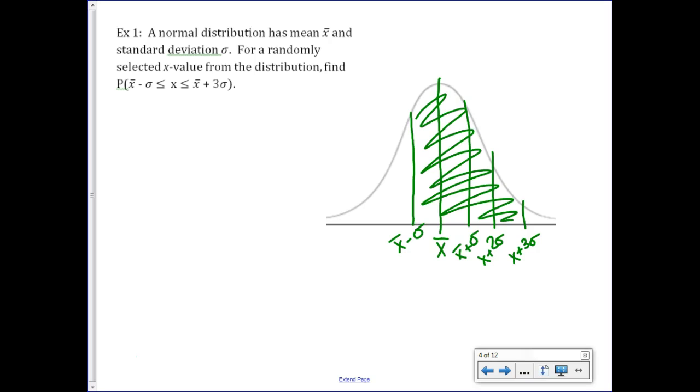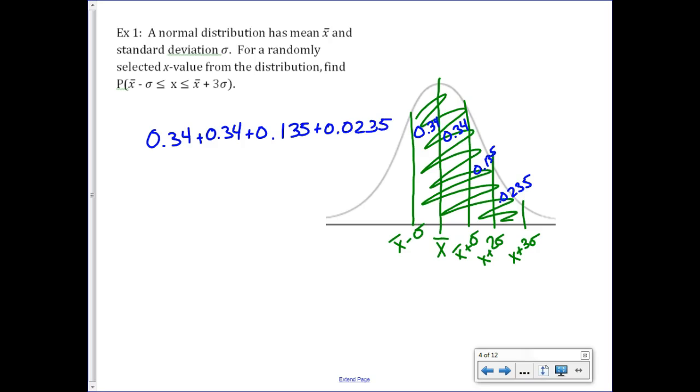So remember that this is 0.34. This is 0.34 because that whole thing was 68%. Then this is 0.135, and this is 0.0235. So if we need those pieces, then we have 0.34 plus 0.34 plus 0.135 plus 0.0235.